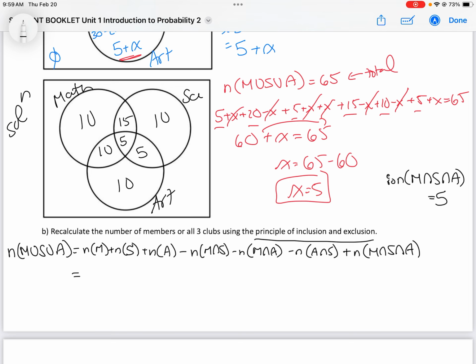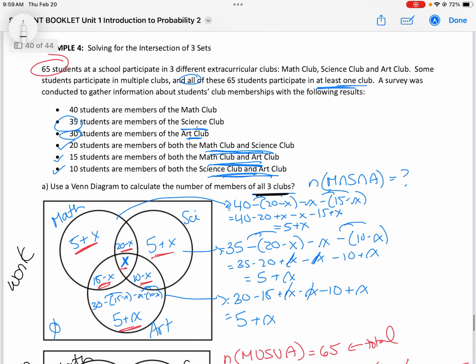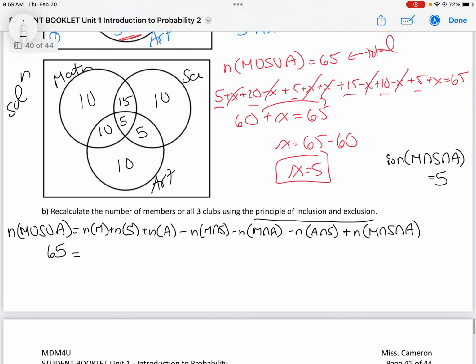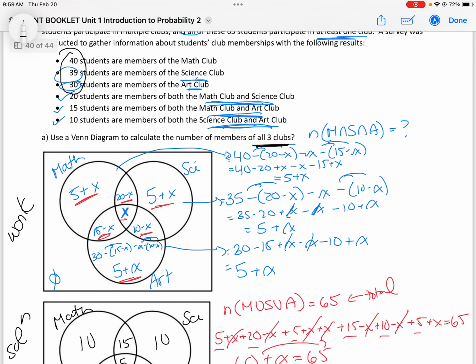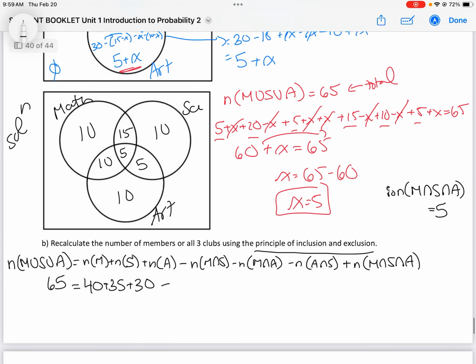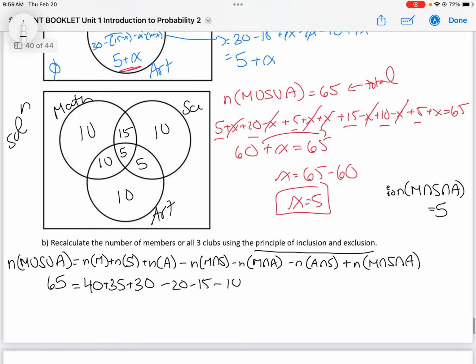Okay, we know that this was 65 people. Now, math, science, art, 40, 35, 30. Math and science, math and art. Math and science is 20, 15, and then 10. So minus the 20, the 15, and then the 10. And then we don't know the full intersection.